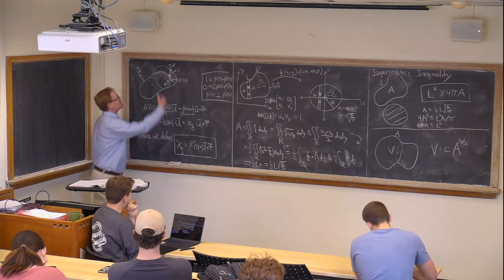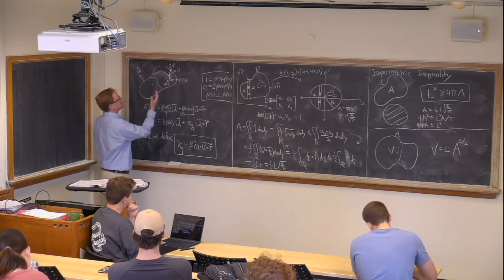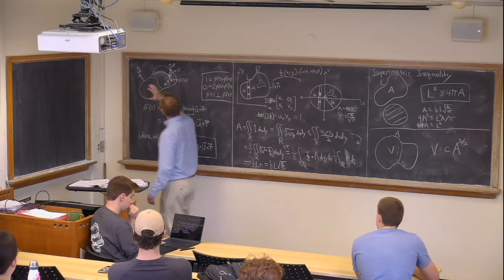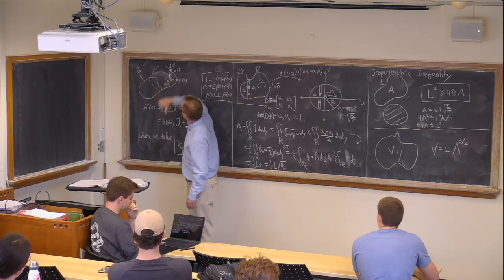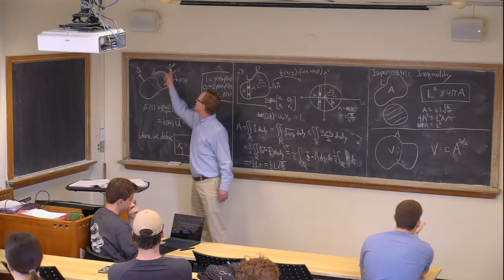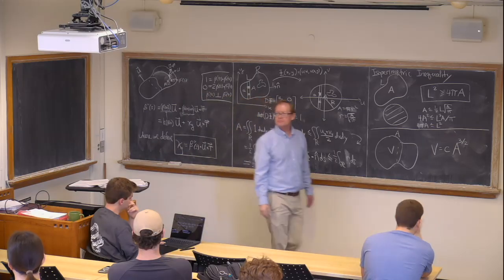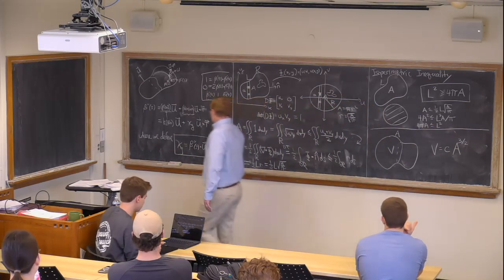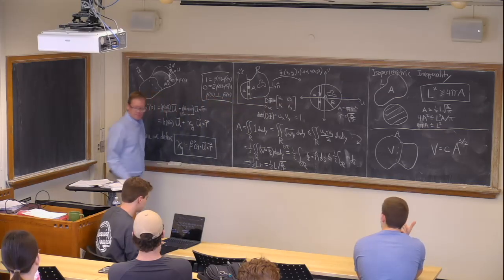Because if u is pointing down, then u cross t would be pointing the opposite direction. So if I change the sign on u, it changes the sign on u cross t. Fair enough? Okay, so that's what geodesic curvature is.